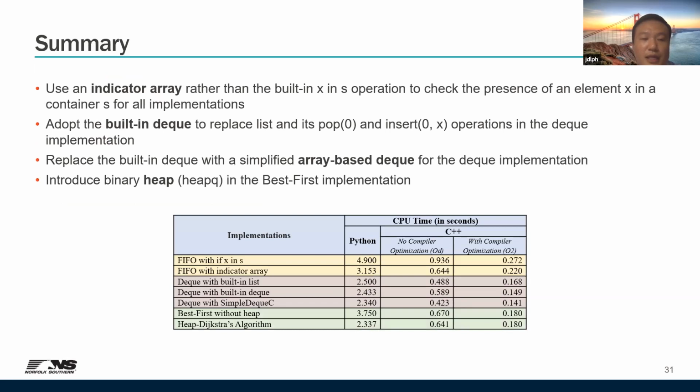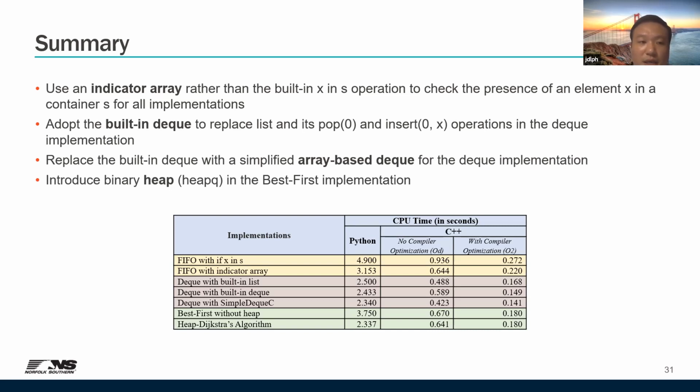Okay, so let's give an overview of what we have done. We use an indicator array rather than the built-in "x in S" operations to check whether an element is in a data container or not, reducing the time from linear time to constant time. We adopt the built-in DAC to replace the built-in list and the corresponding pop zero and insertion operations, bringing those two linear time operations to constant time through pop left and append left.